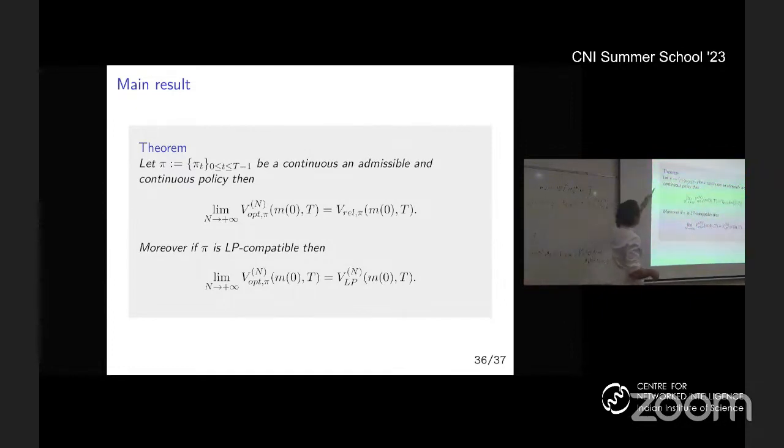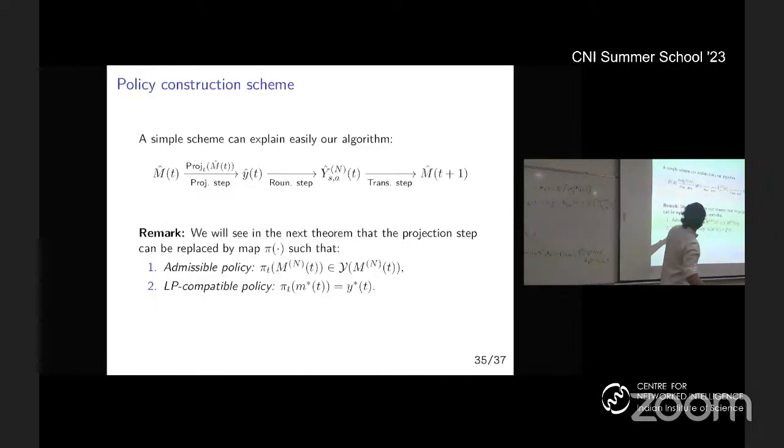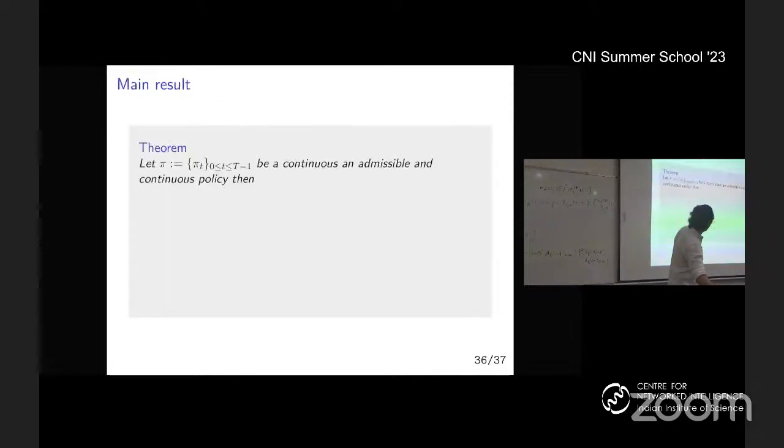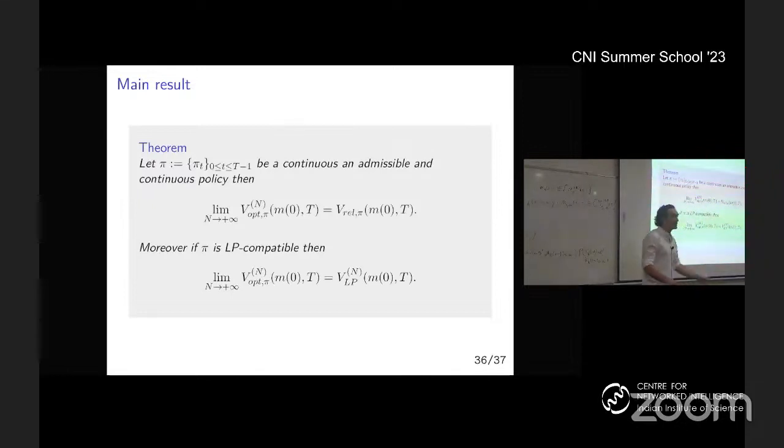But be careful, you need an admissible policy. And if P is LP compatible, what does it mean? It just means that your policy at infinity gives the solution of the linear program, then you are optimal. At infinity, you are optimal.